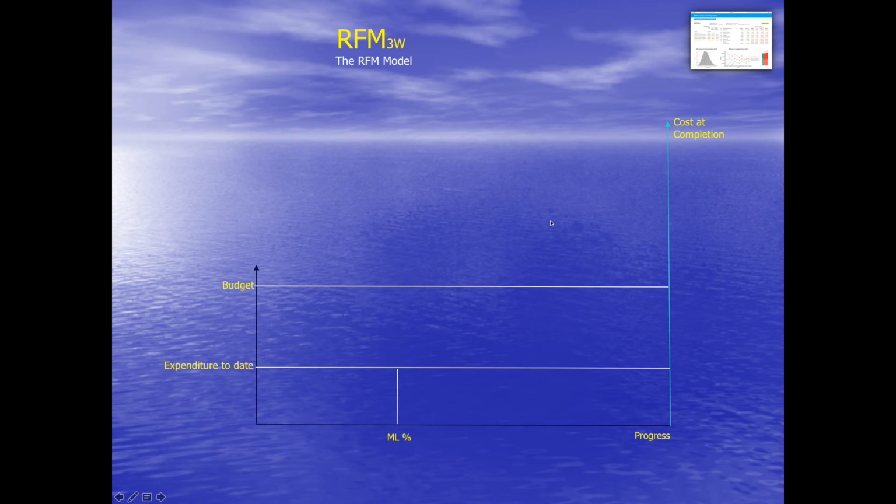As already mentioned, RFM is an extension of the single point forecasting technique, but as you shall see, a very, very important extension. This graph is identical to the one you just saw, but not the continuation. To start with, we may assume that the expenditure to date is fairly accurate, but what about the progress to date?